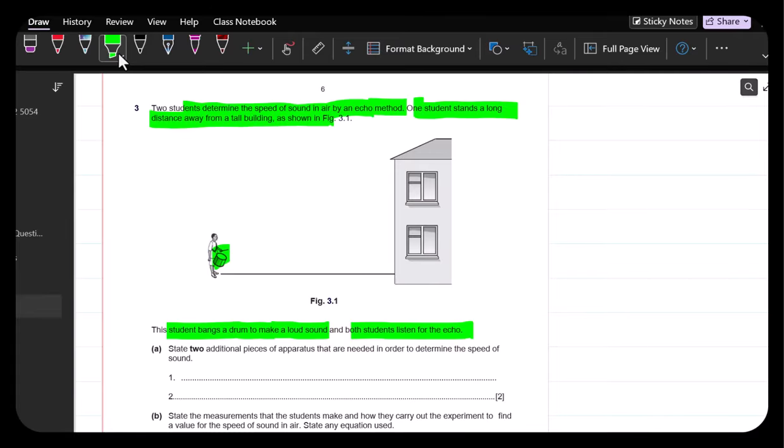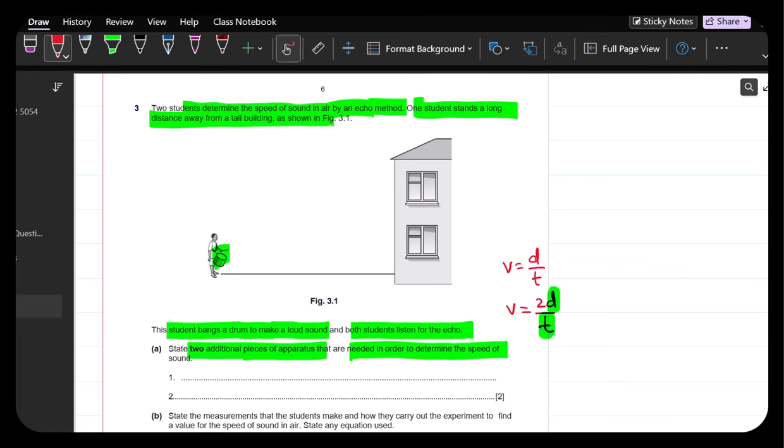So we have to state two additional pieces of apparatus that are needed in order to determine the speed of sound. So speed is equal to distance by time, or you can say by echo method speed is equal to 2d by t. So we need what? We need to measure distance and time. So these are going to be two additional apparatus.